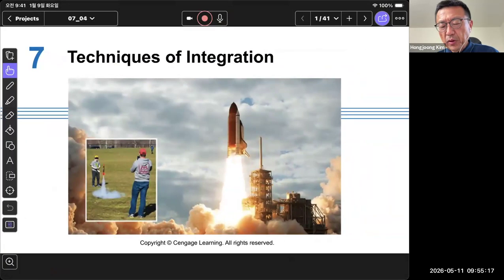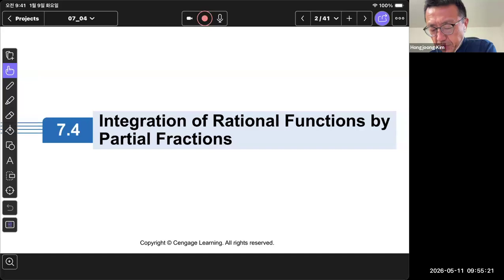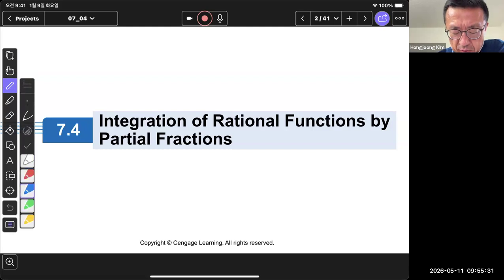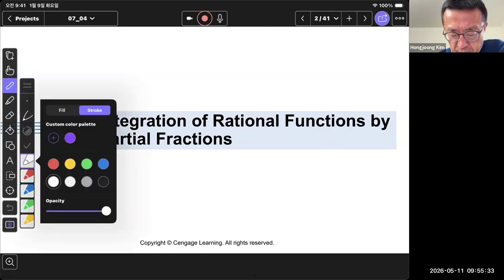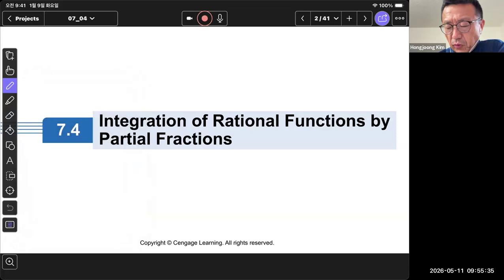Okay, so let me go to section 4. Now, we want to consider the integration of rational functions. Okay, so what is a rational function? A rational function is defined by two polynomials.